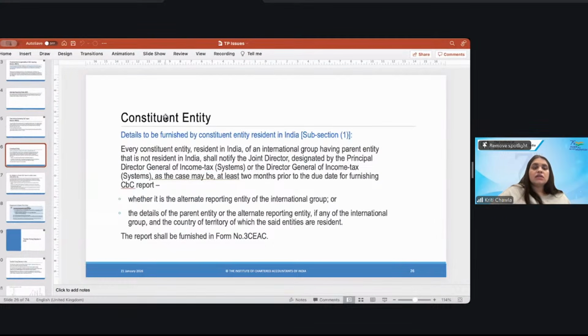This is the details to be furnished by the constituent entity which is resident in India. Now, if there is a constituent entity which is resident in India and they are filing, let's say, the CbCR in India, well, then 2 months before filing the CbCR, they will have to tell the tax authorities that they are the alternate reporting entity.